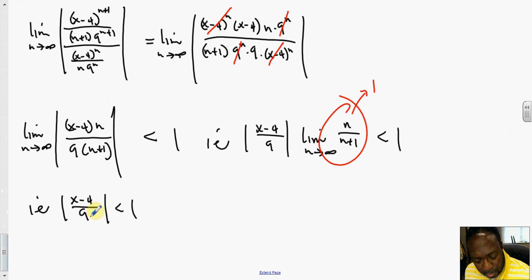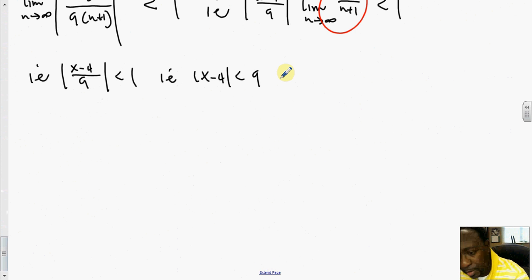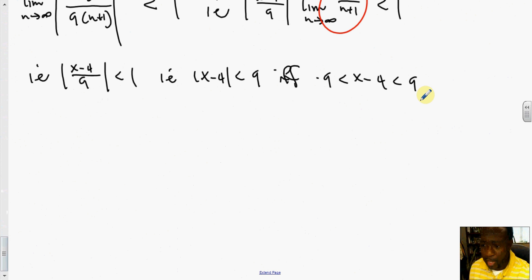Now, you can multiply both sides by that 9. So that is, the absolute value of x minus 4 is less than 9. And by definition, if and only if, negative 9 is less than x minus 4 is less than 9. So we add 4 throughout, so that gives us negative 5 less than x less than 13.